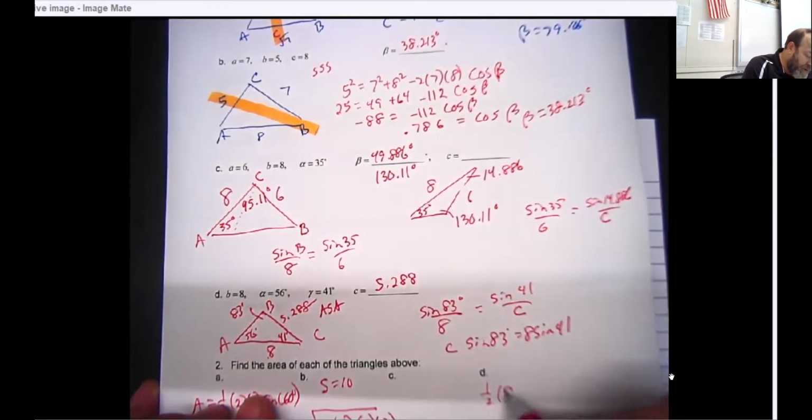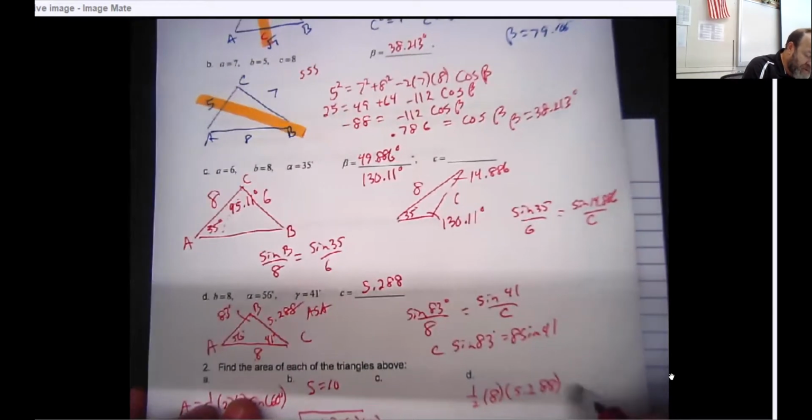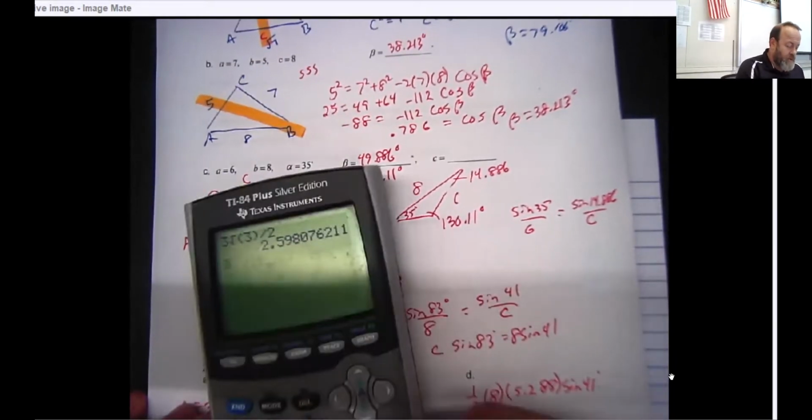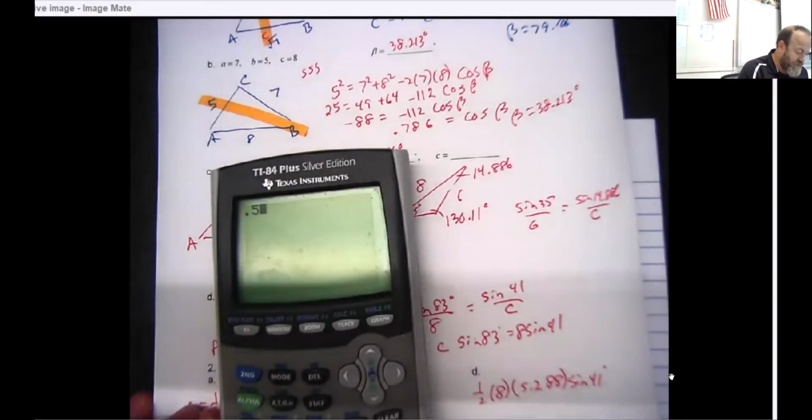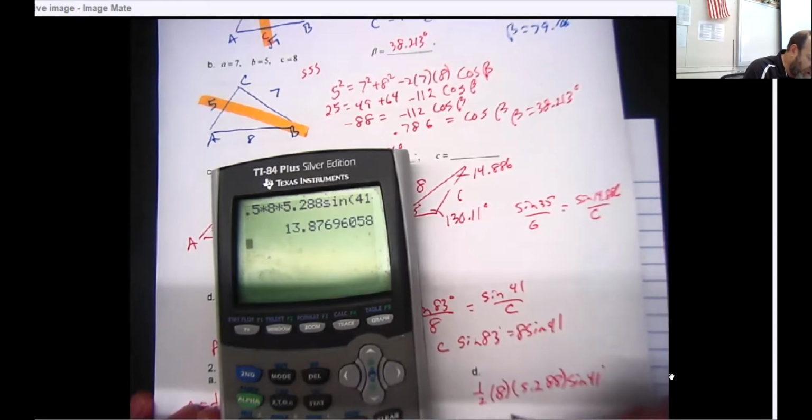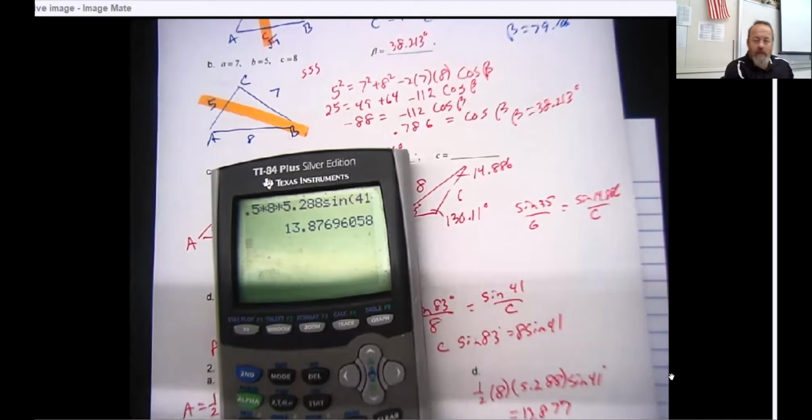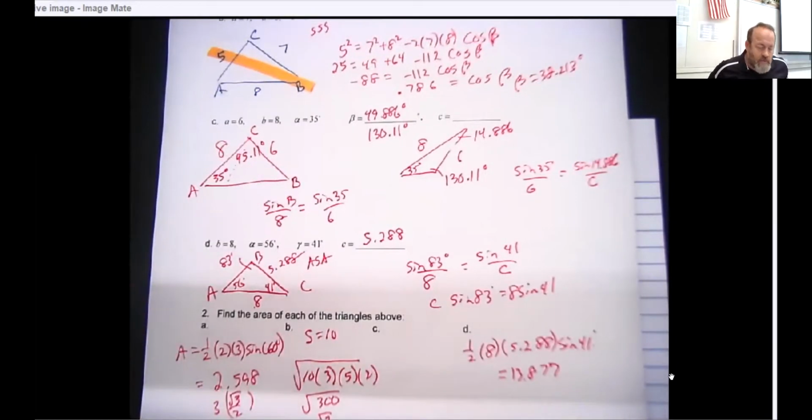So 1/2 the product of the two sides times the sine of the angle in the middle. And so here we are, 0.5 times 8 times 5.288, sine of 41. And I messed up in there somewhere, got an extra parenthesis, and it had an area of 13.877. And that's literally how to do those problems.